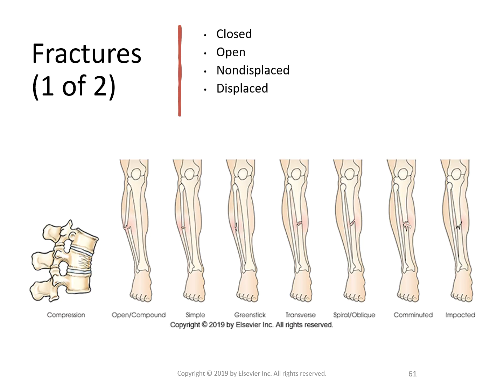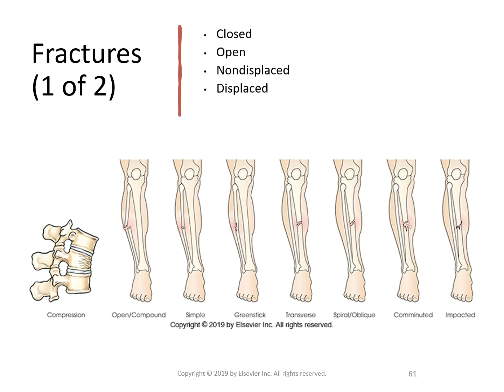A compression fracture is a collapse of vertebral body. An open fracture is the bone is broken and the skin is punctured or penetrated. A simple fracture is the opposite of an open or a compound fracture.